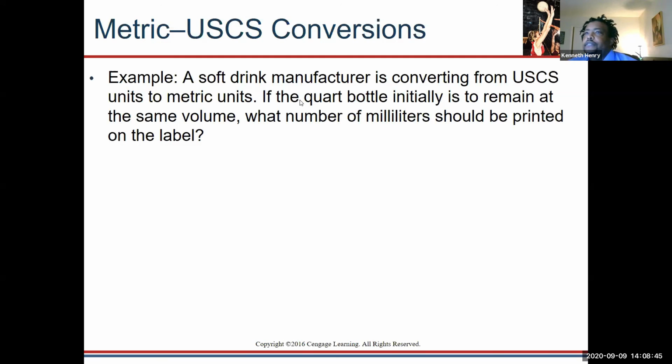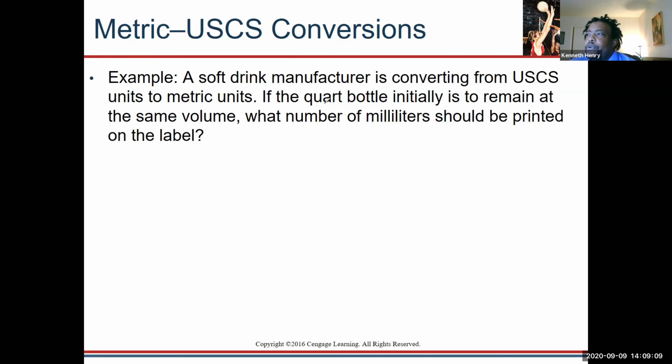What is given to us? Let's go through the problem again. It says, a soft drink manufacturer is converting from USCS to metric units. If the quart bottle initially is to remain at the same volume, what number of milliliters should be printed on the label? So what are we starting off with?